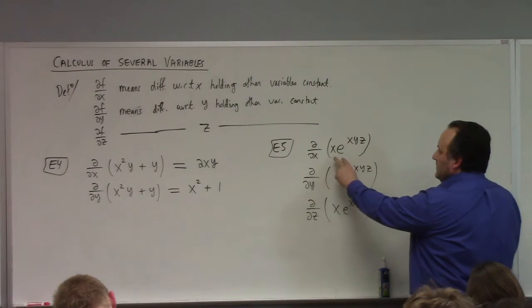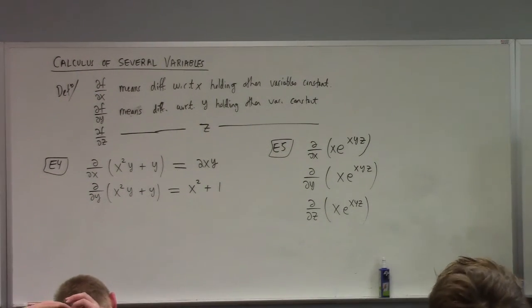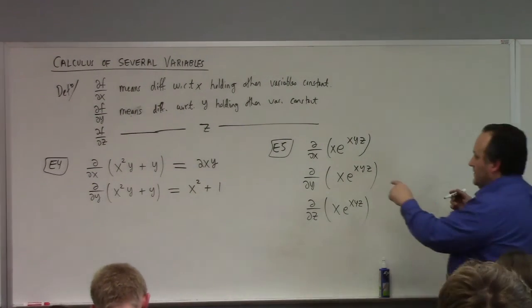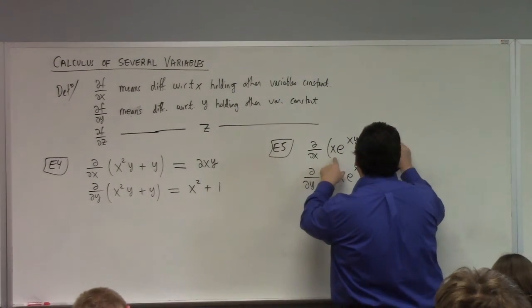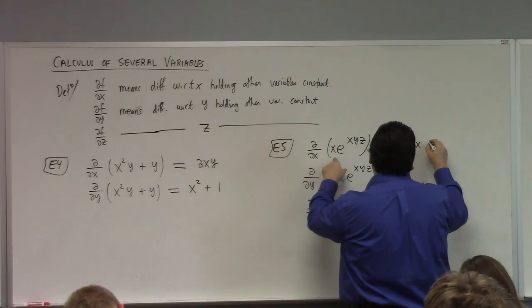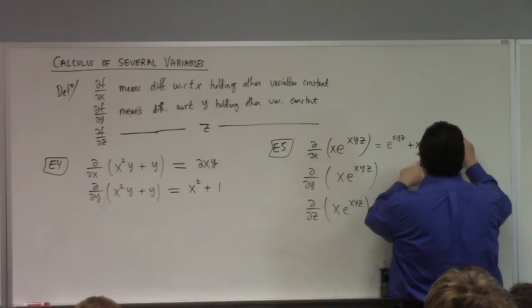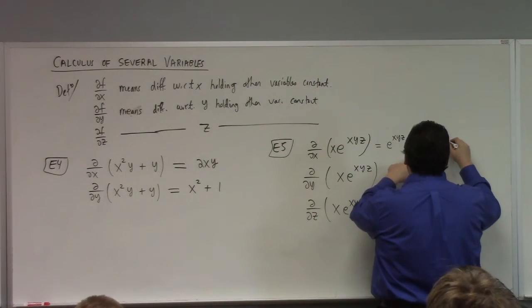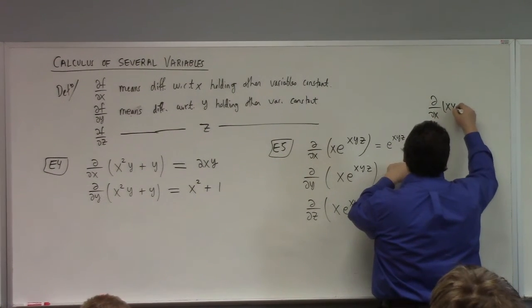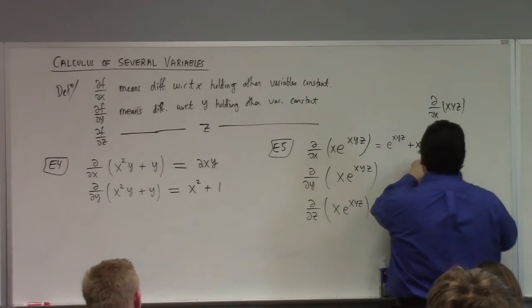So here we have a function of x times a function of x, so we have to do the product rule. We get e to the xyz plus x times e to the xyz, and then we have to multiply by the derivative of xyz, so that puts a yz here.